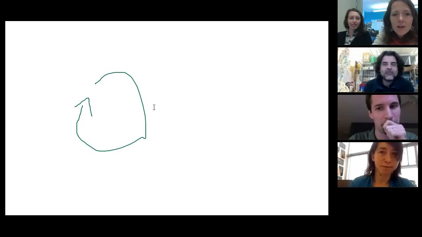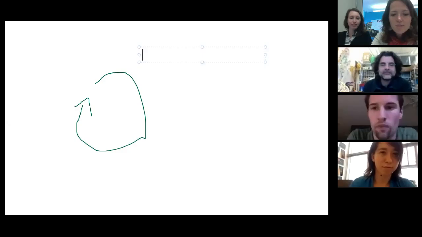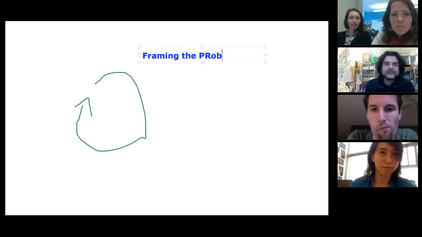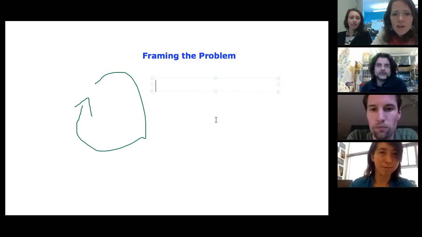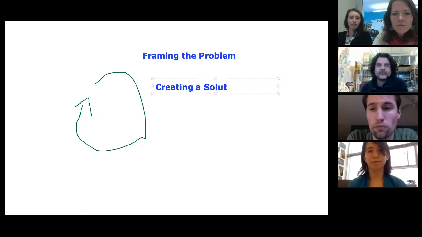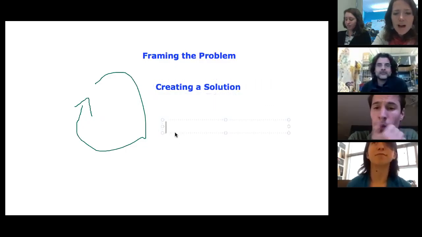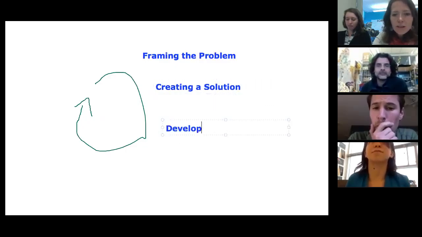But basically, we remember our 3 main parts: framing the problem, and then creating a solution, and then developing a product.